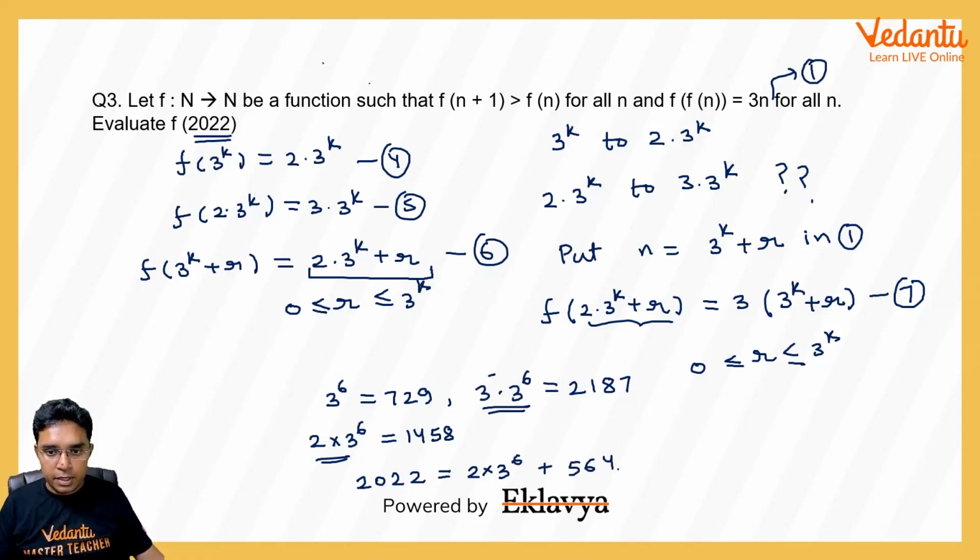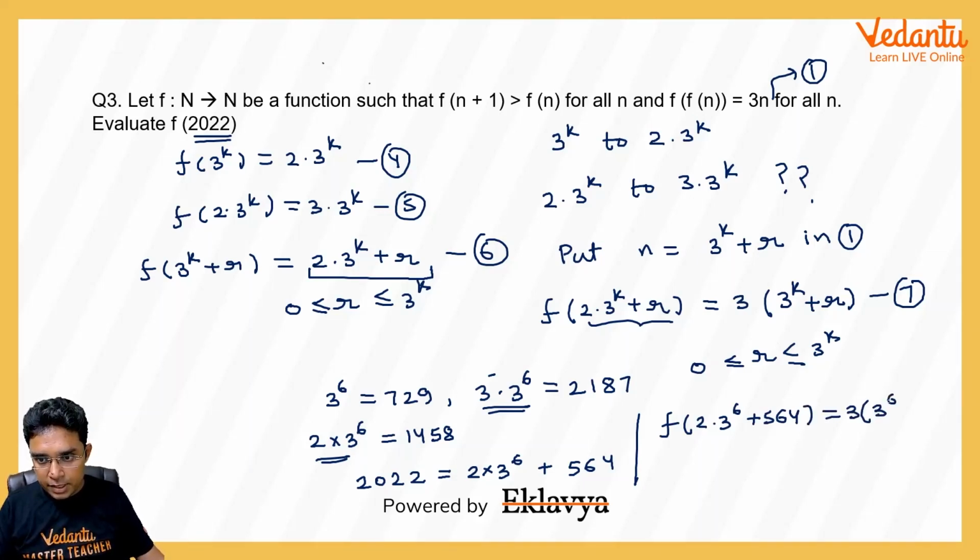Let me check once again. 4 plus 8 is 12, and 7 plus 5 is again 12. 6 plus 4 is 10, 0 here, and 1 plus 1 is 2 here. That is how we can write this. So you can see that f of 2 into 3 power 6 plus 564, that is what we are looking for, will be 3 into 3 power 6.